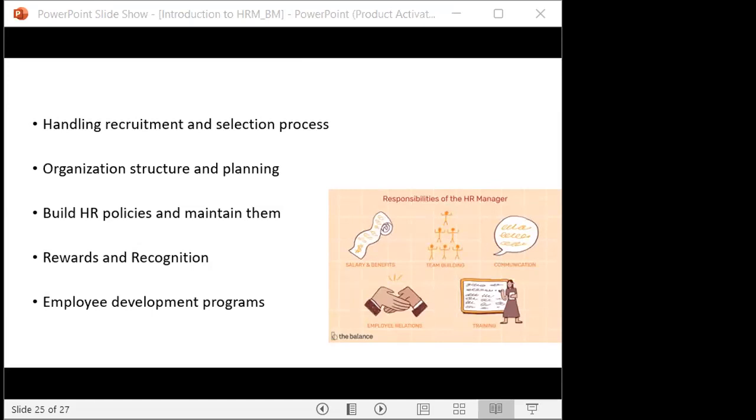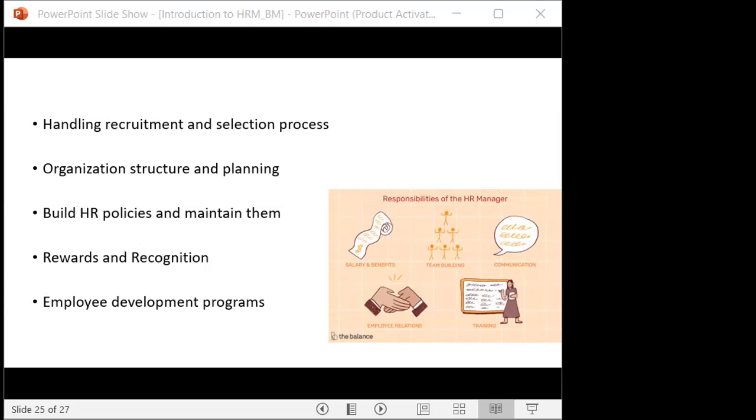Then we have organization structure and planning. Here it covers the HR planning topic that we have discussed so far. Then we have building HR policies and maintaining them. That is another main responsibility of the HR manager.